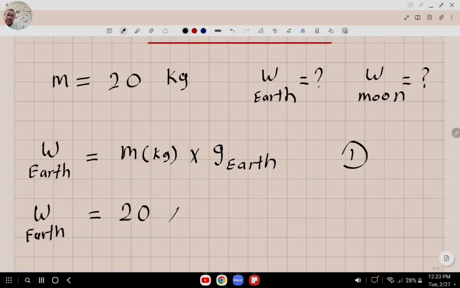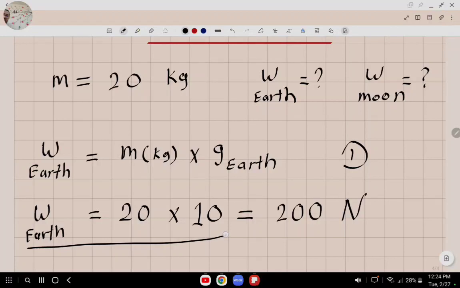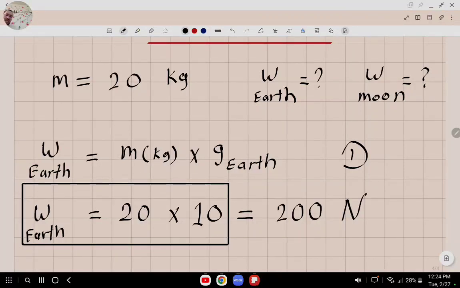So 20 kilograms times G of the earth, we can consider G of the earth as 10. So the weight on the earth equals 20 times 10 equals 200 Newton. The second mark for the replacement, you put the correct values of the mass and the G. And the third mark for putting the result with the measuring unit. Do not forget the measuring unit.